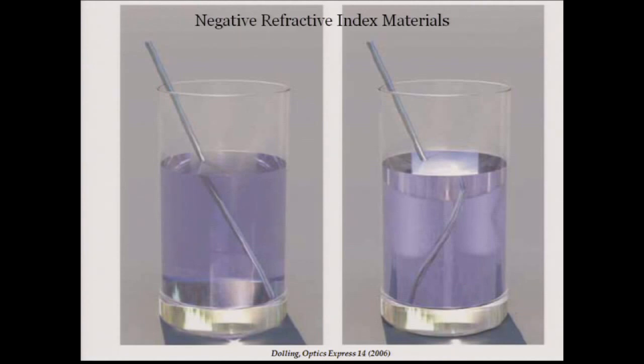Here the straw gets refracted the other way, and you'll notice you can't see the bottom of the glass. So some pretty unusual optical properties with negative refractive index materials that, like I mentioned, would give rise to the opportunity to make these microscope lenses that could allow you to image proteins or DNA, or to make invisibility cloaks.